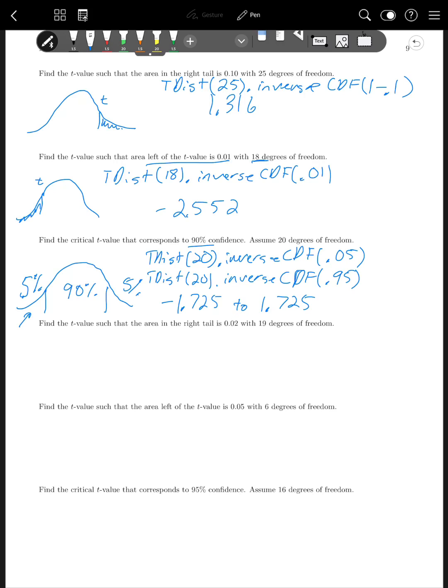And then we can put in 0.95, and we get 1.725. So this would be negative 1.725 to 1.725. And so that's the idea. So why don't you all take a moment and pause the video and use your ClassCalc app to try these.